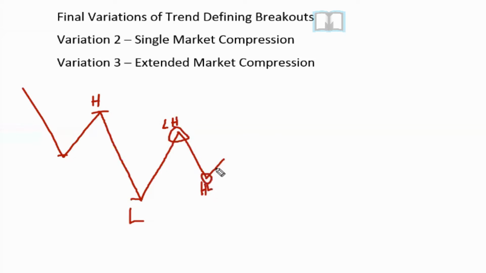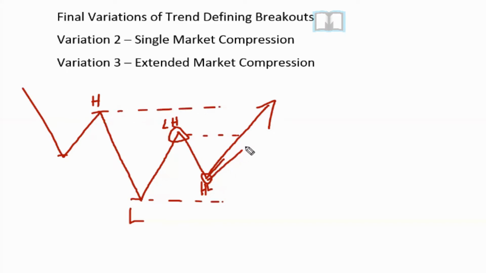and then at this point, as soon as the market breaks this lower high level, we have a potential move to the upside. And again, this is a compression because we have a lower high and a higher low. These two levels do not get broken.